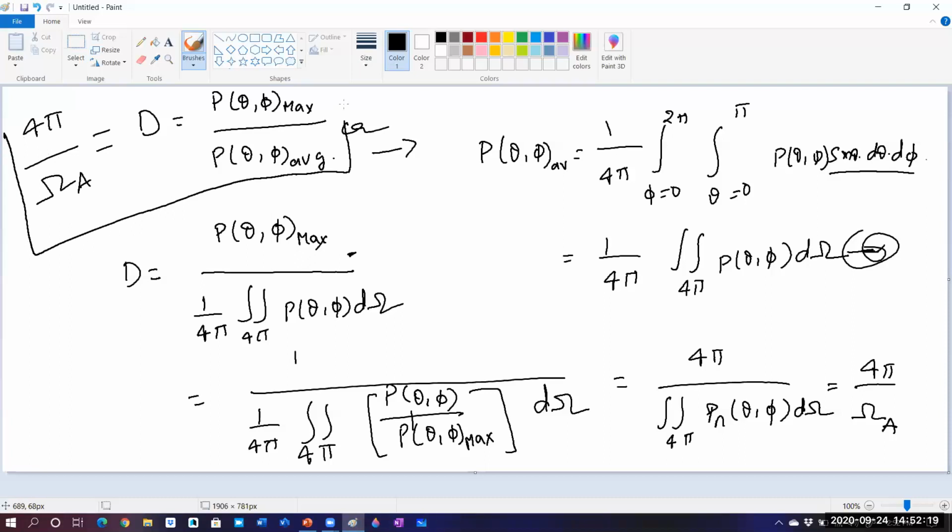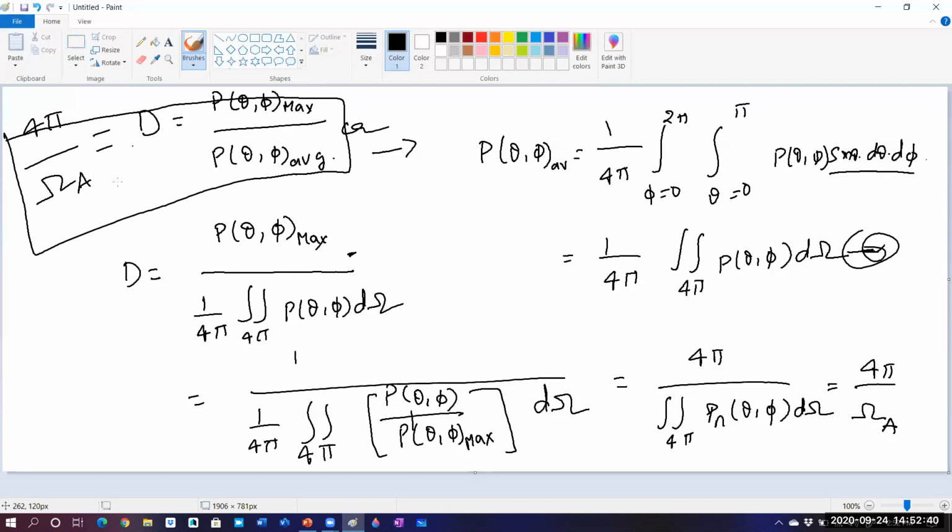These are the two formulas for directivity. Normally we define directivity as the ratio of the power density at maximum value to the power density of average value on the sphere at the far field region, right? It is a normalized power pattern.